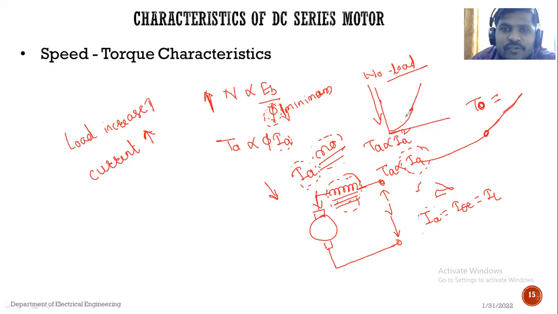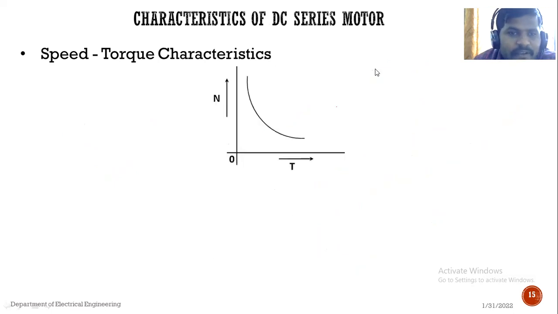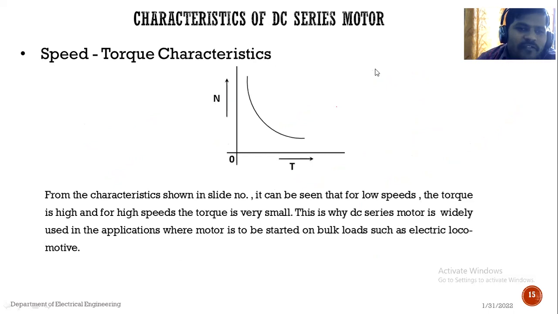Okay, so we will draw the characteristics according to the equation. I think you got the equation I am telling. See, this is the characteristics. The speed torque characteristics: speed is plotted on the y-axis and the torque of the motor is plotted on the x-axis.